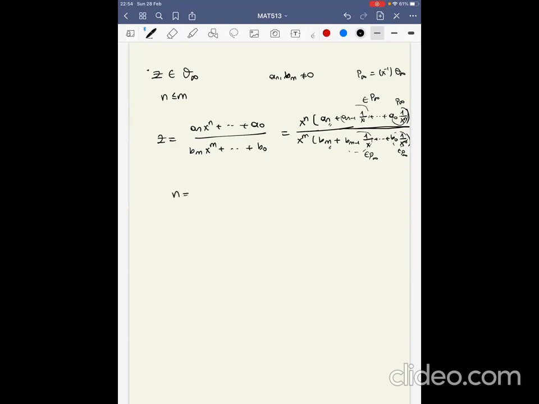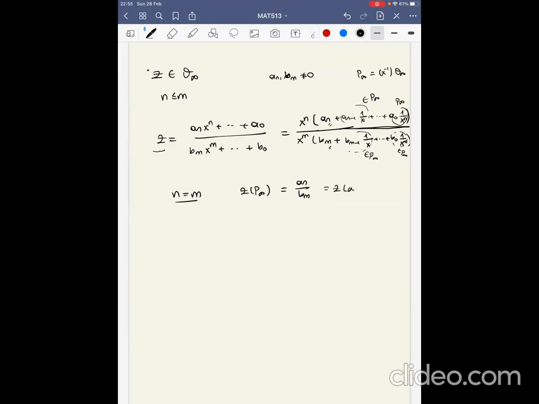When n is equal to m, when we consider the evaluation of z at P infinity, we obtain a_n over b_m.